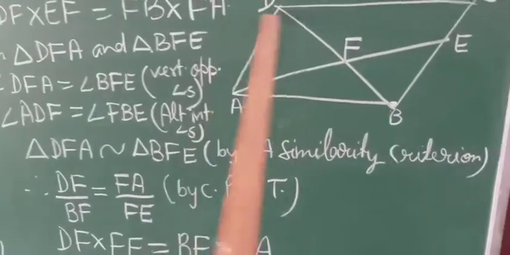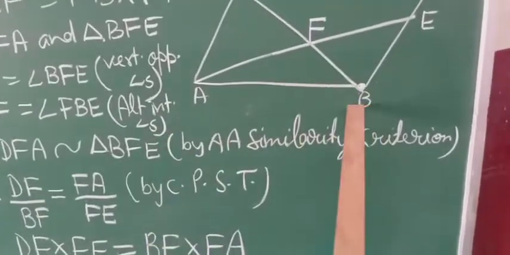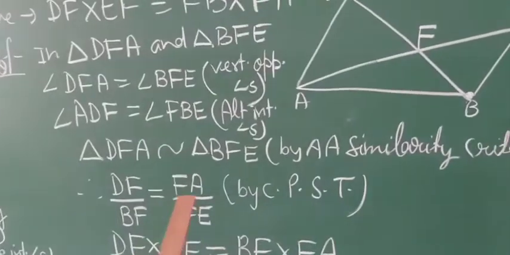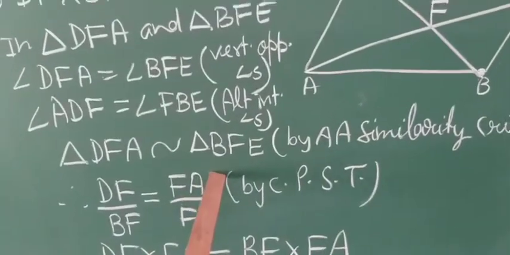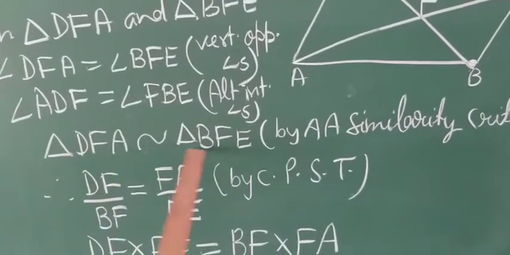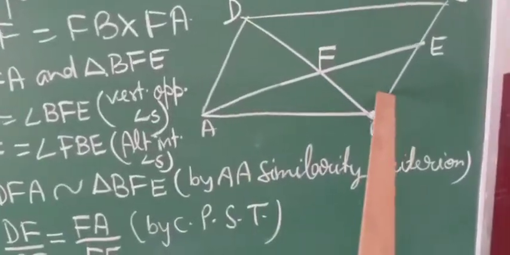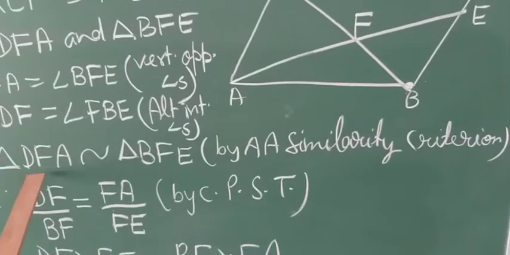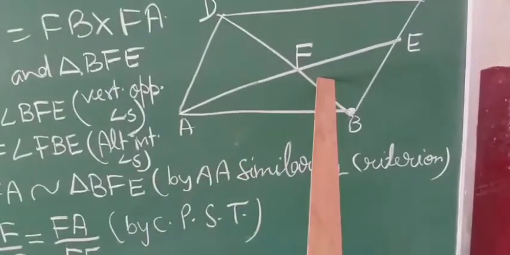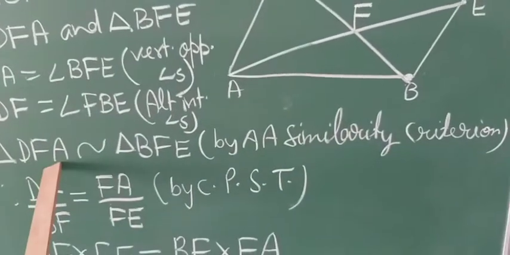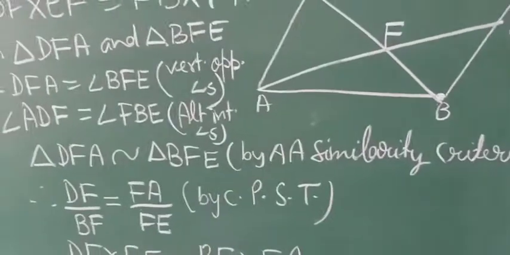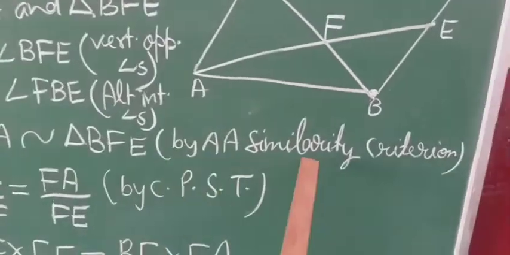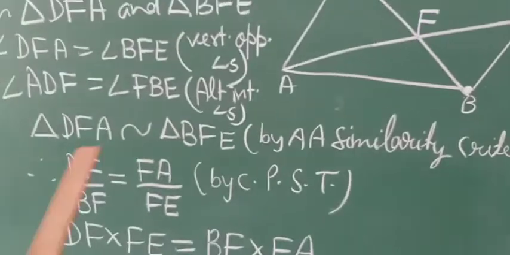So triangle DFA is similar to triangle BFE. As I told you, the second triangle's name we have to write properly. So angle D equals angle B, that's why in place of D I have written B. Angle F equals angle F because vertically opposite. Then the last angles A and E should be written. By AA similarity criterion, both triangles are similar.